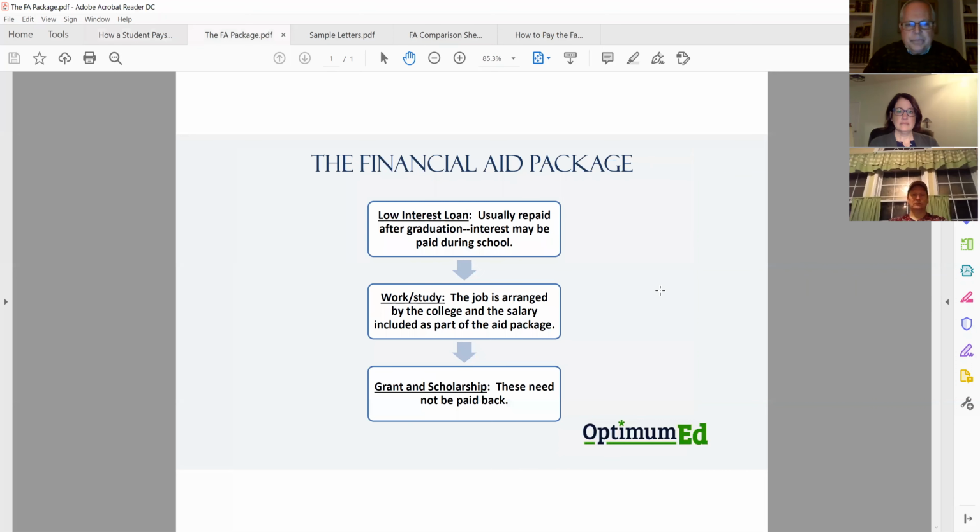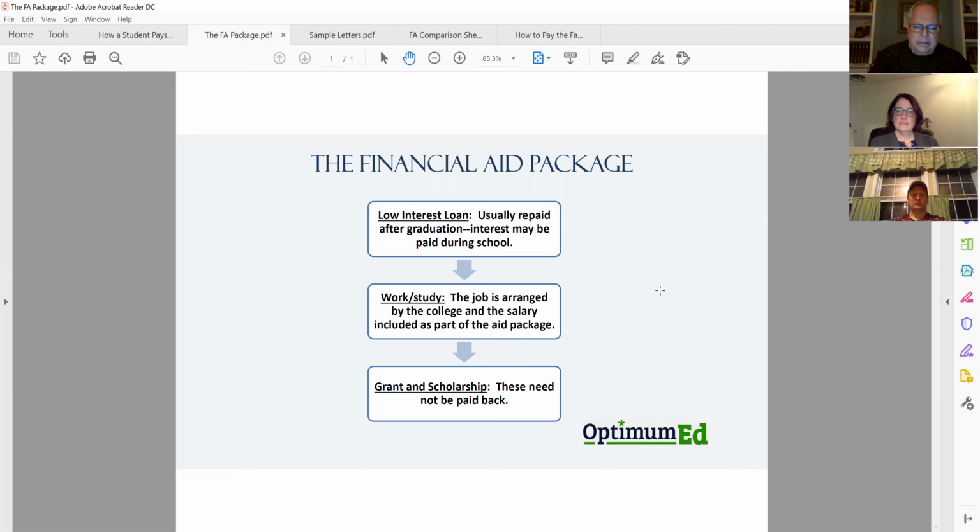So the financial aid package or offer, when you get it, is going to have basically three parts that you need to be concerned about. One is going to be loans. And as we discussed previously, it depends on how much need you establish at that school.